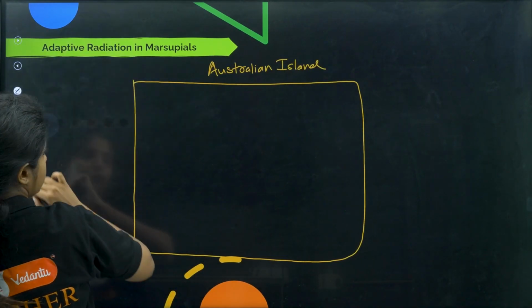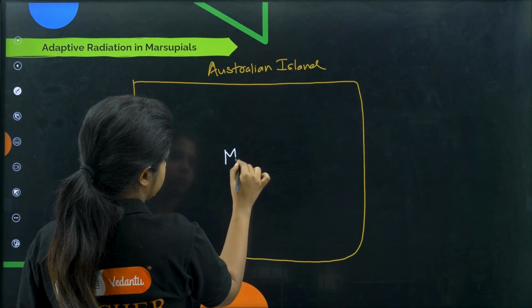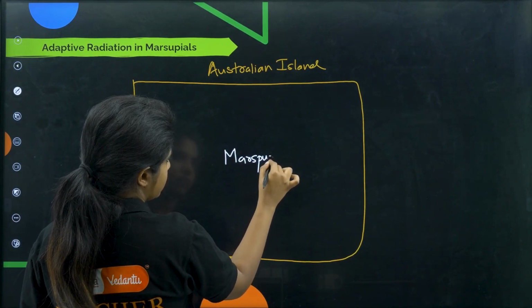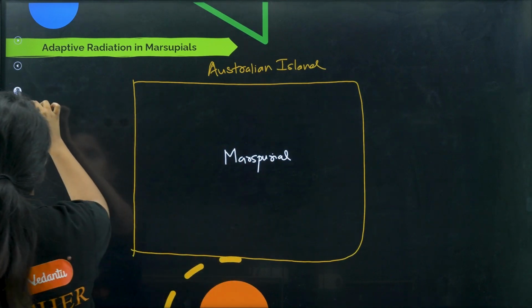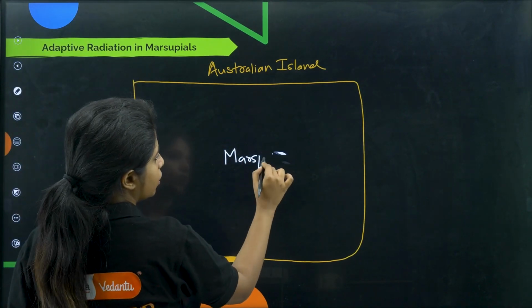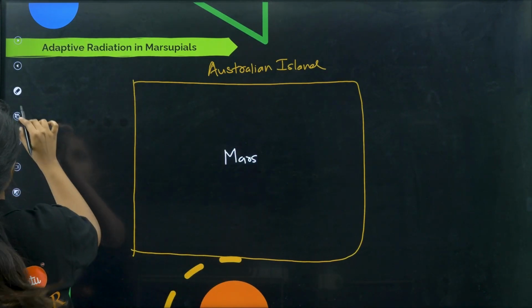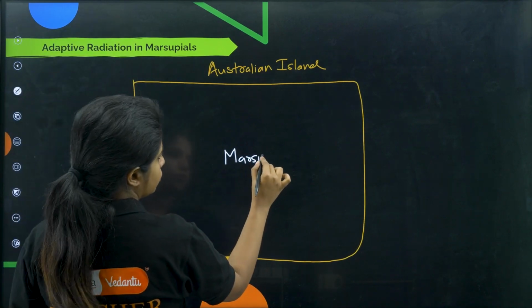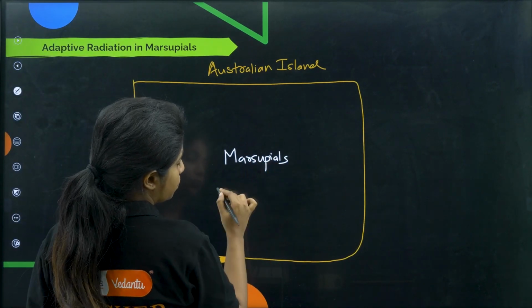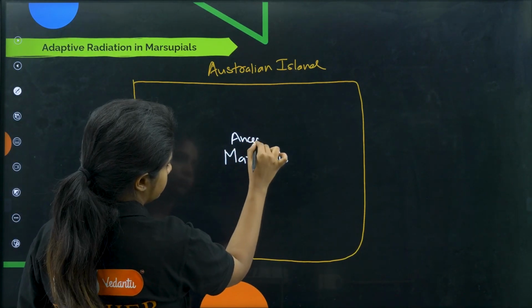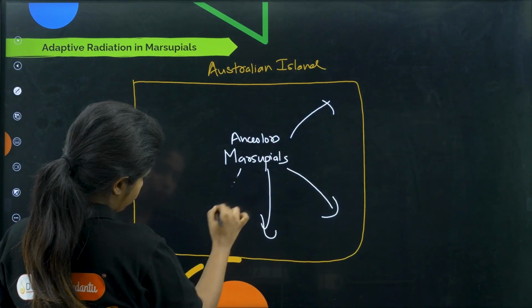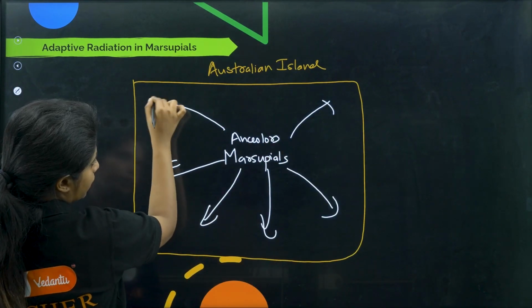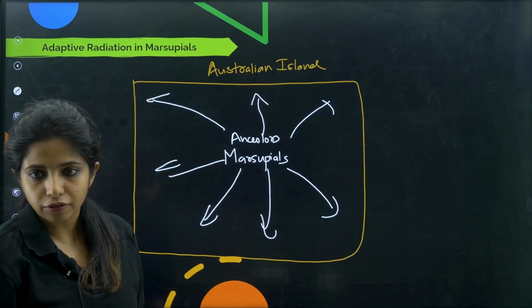We have the ancestral marsupial. We had marsupials, the ancestral ones. They radiated to different areas in the same geography, and now you have got different types of marsupials.